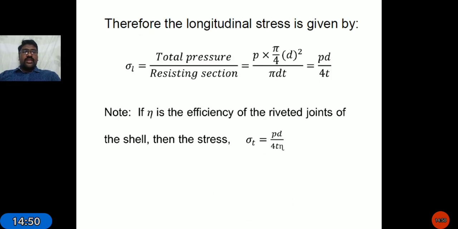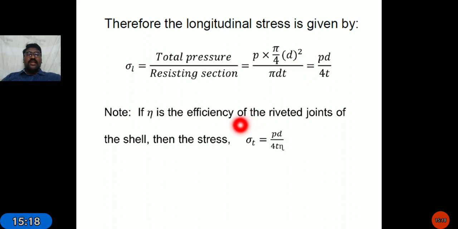Okay, by equating the resisting force to the applied force, we can calculate sigma L, which is nothing but the longitudinal stress. It equals the total applied force by the resisting section, that is, P into pi by 4 d square, by the resisting area, pi d into t. By simplifying this equation we get Pd by 4t.